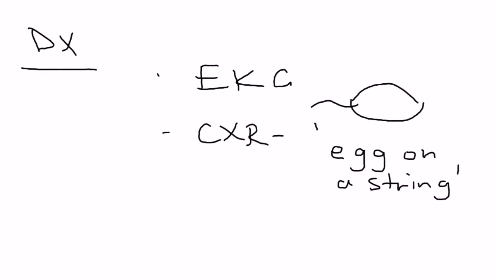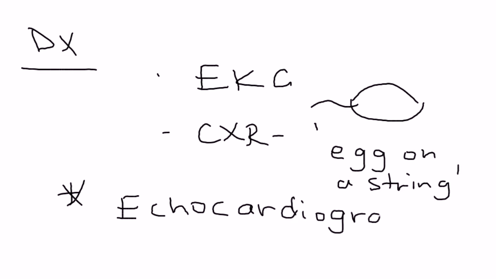They'll talk about this in clinical vignettes as well. And then the definitive diagnosis is done by an echocardiogram. An echocardiogram is really how you diagnose this. And you will see the vessels that are improperly placed.